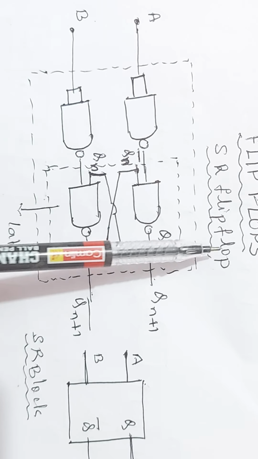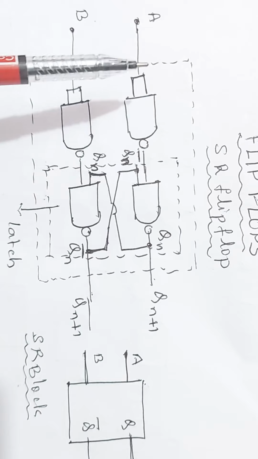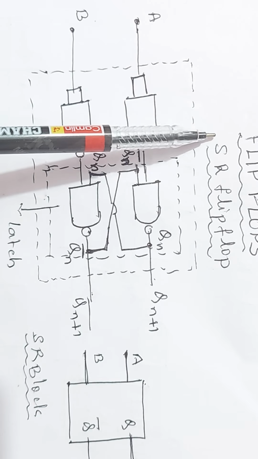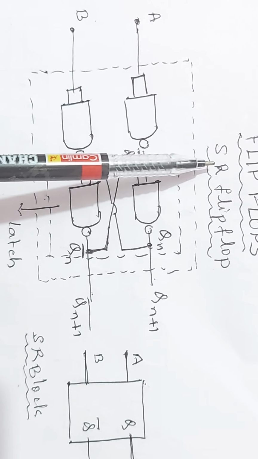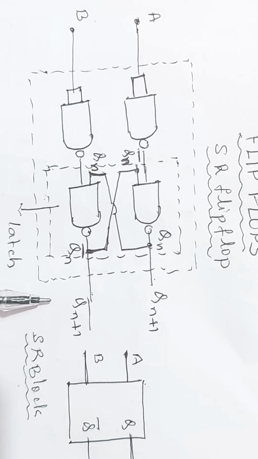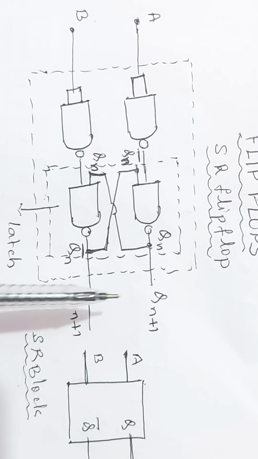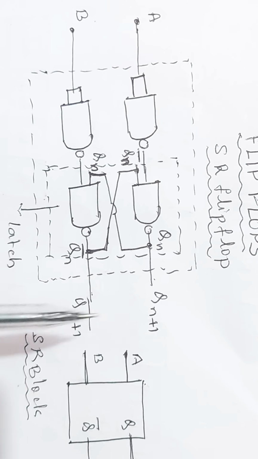Therefore, a flip-flop usually has two inputs. One input is called set, another input is called reset, and two outputs. One output is the complement of the other output. Therefore, if one output is 0, the other output is 1.